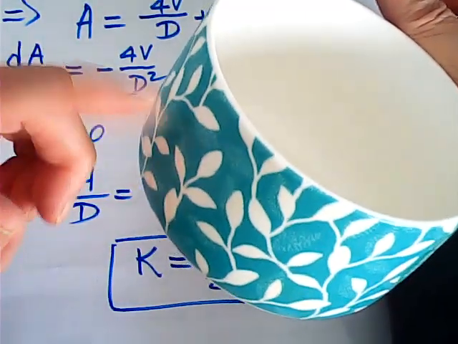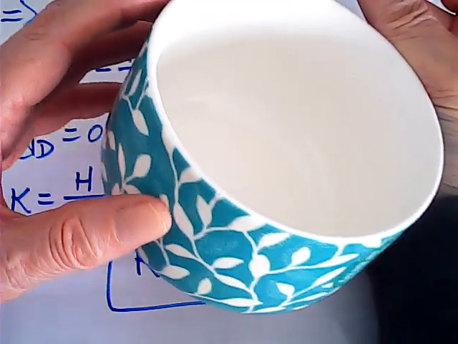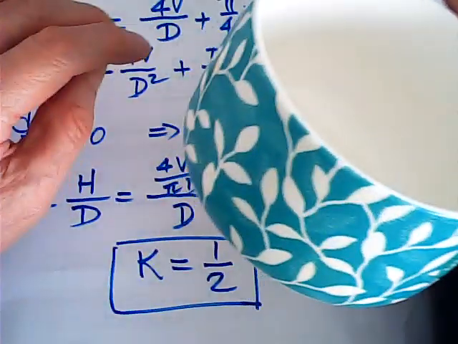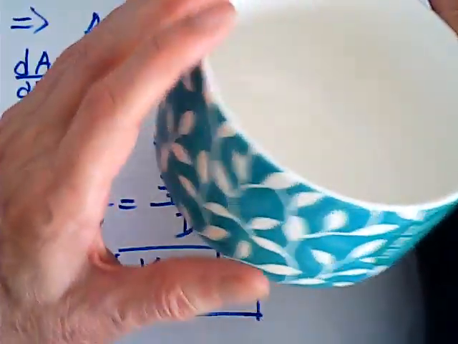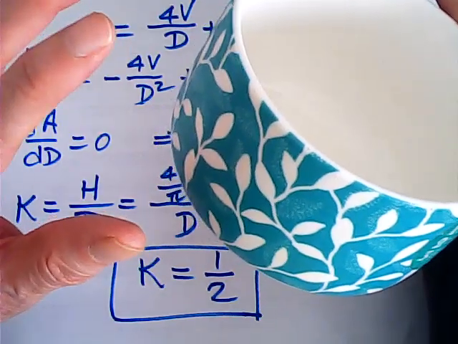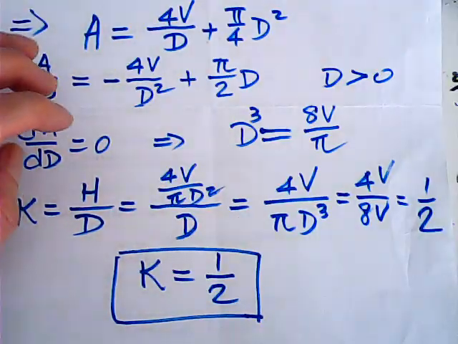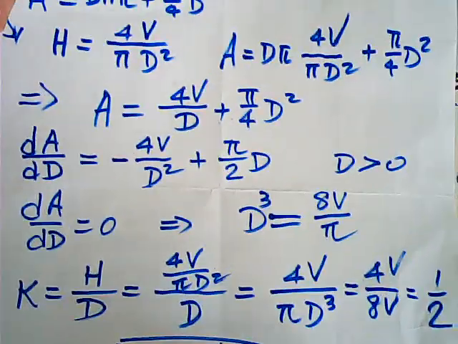See, the cup I'm holding looks like the most economical one. Now, this is just purely based on mathematical consideration, right? It's not based on an artistic point of view. Forget aesthetics.